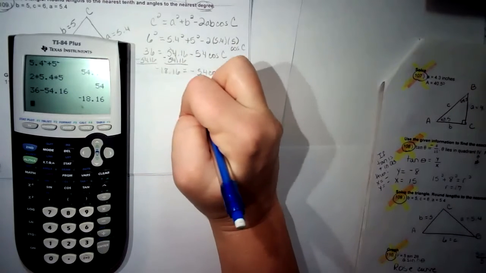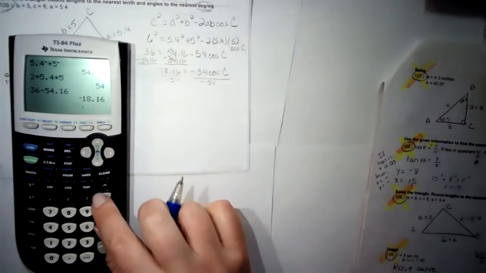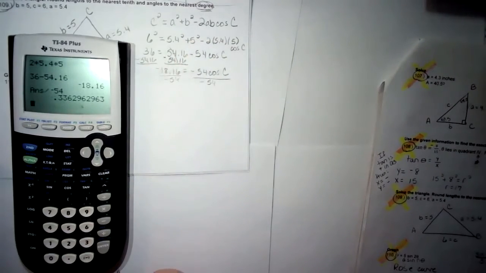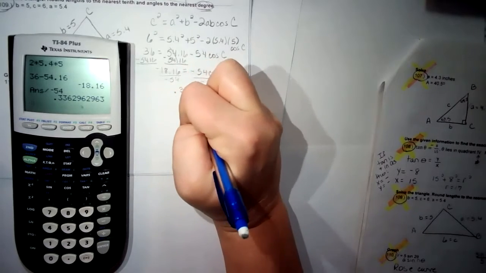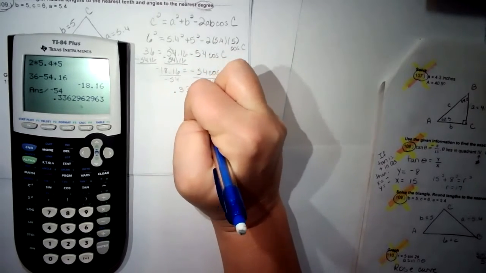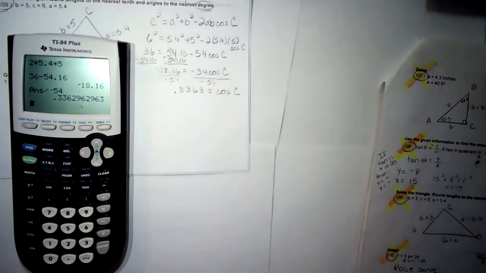All right, I'm going to divide by negative 54. And I come up with 0.3363 equals cosine C. Everybody good up to that point?